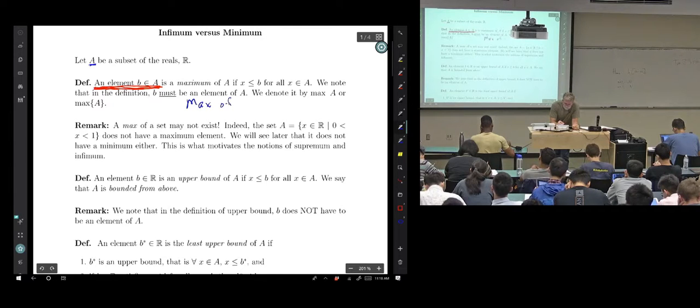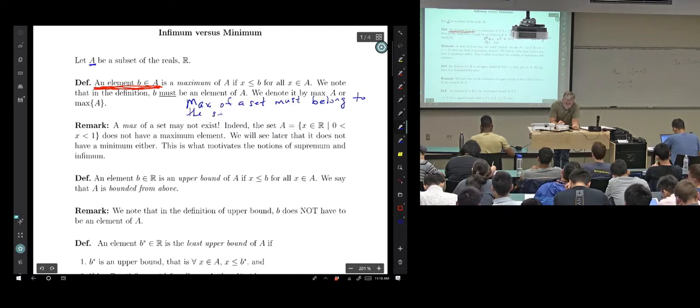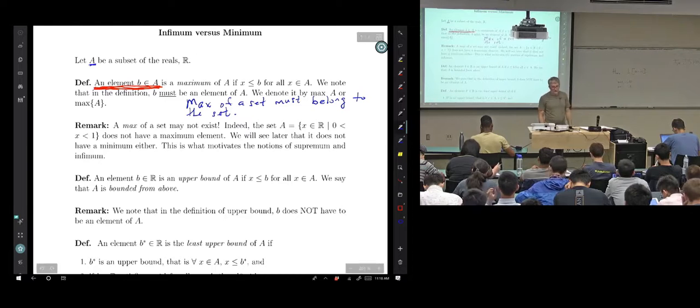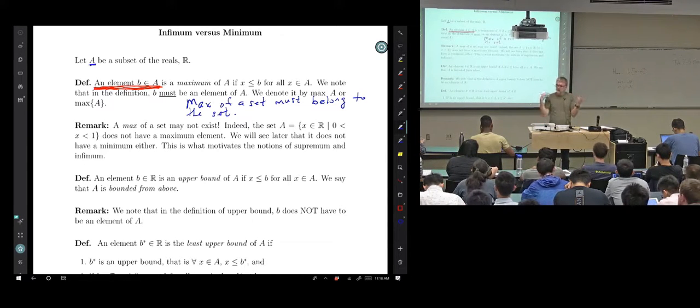Max of a set must belong to the set. That's by definition. Because I think the rest of it, you don't have to memorize. Okay, it's the biggest element in the set, so if I take any other element in the set, that element has to be smaller than or equal to it.